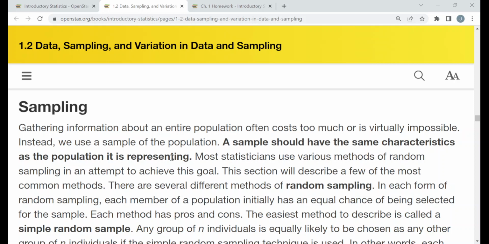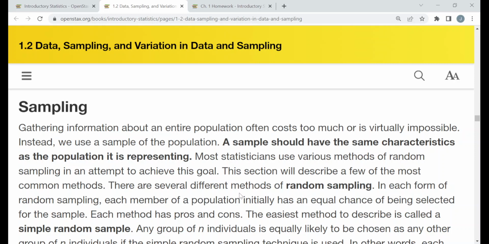So we try to collect a sample so that that sample matches as well as possible the population we're pulling the sample from. And then statisticians use various methods of random sampling in an attempt to achieve this goal.